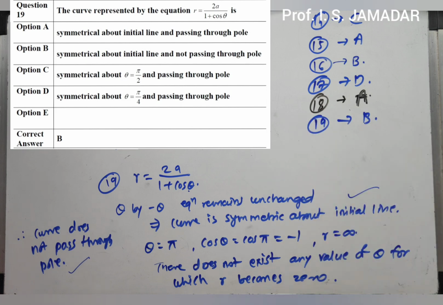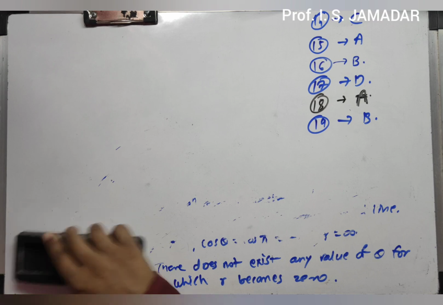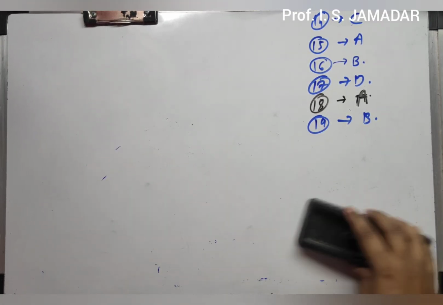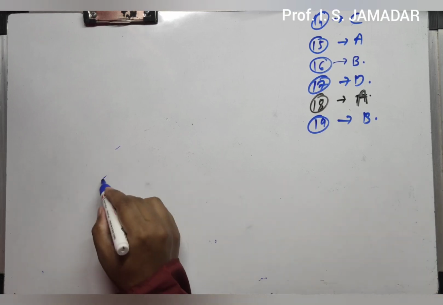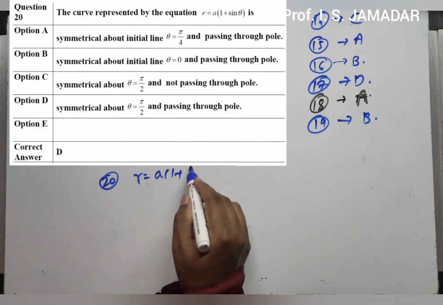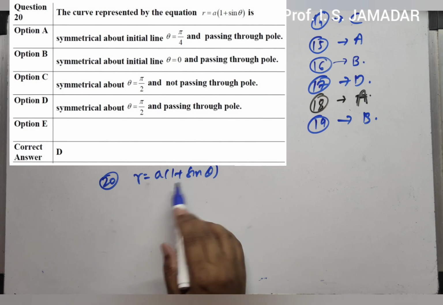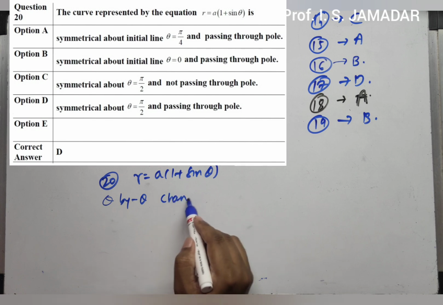Answer is option B. Next, question number 20, we have r is equal to a into 1 plus sin theta. Symmetry and pole, two things we have to check. If you replace theta by minus theta, as there is a sign of minus sin theta, the equation changes.